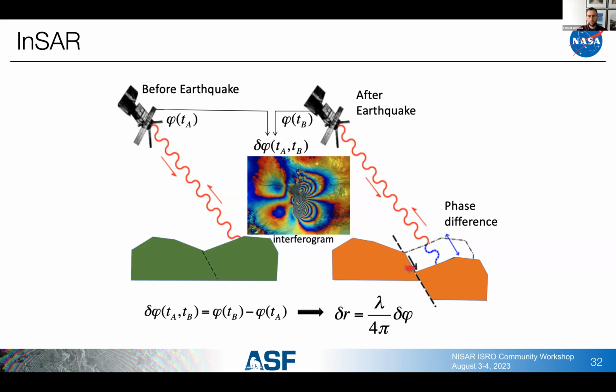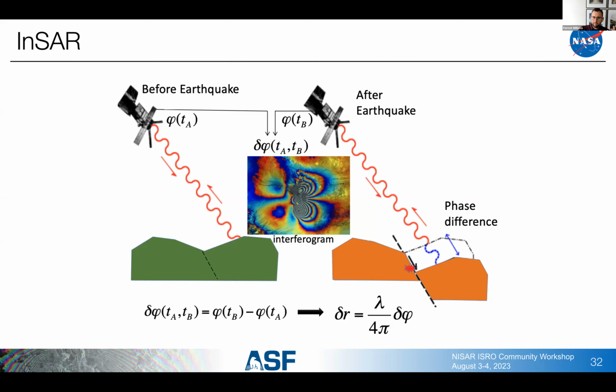And so what happens is we measure deformation of one full cycle going from negative pi to 0 to pi, and then we drop back down to negative pi again. And that causes an effect in interferograms that we call fringes, or basically a repeating pattern of deformation values as we move through zones of deformation.